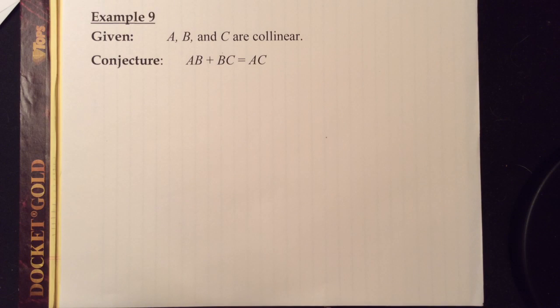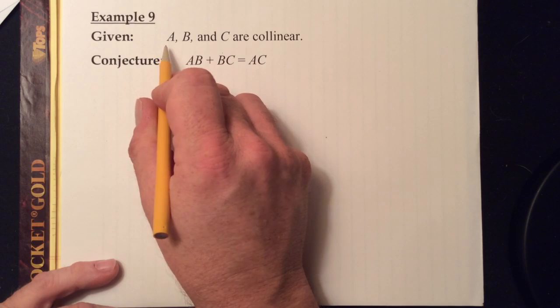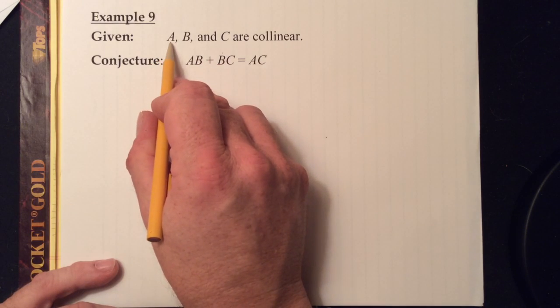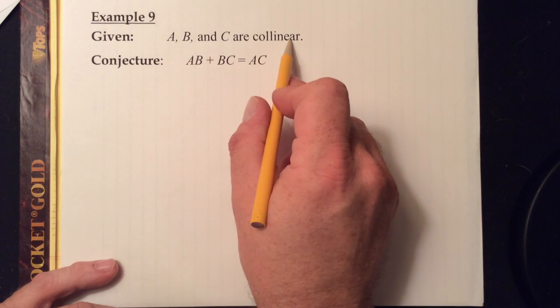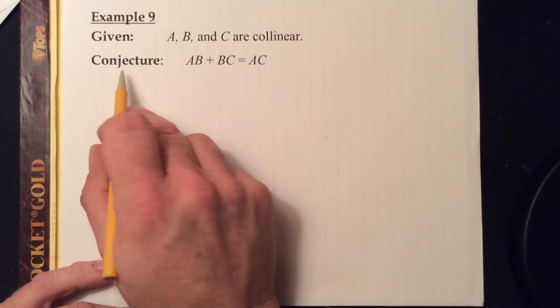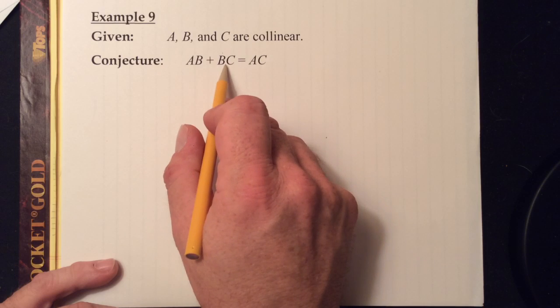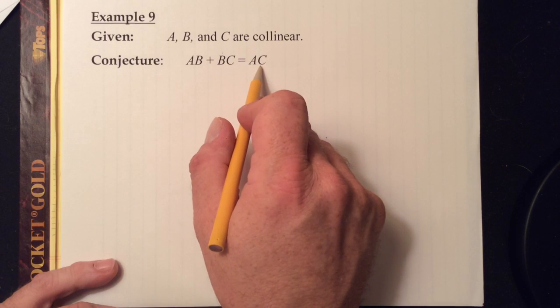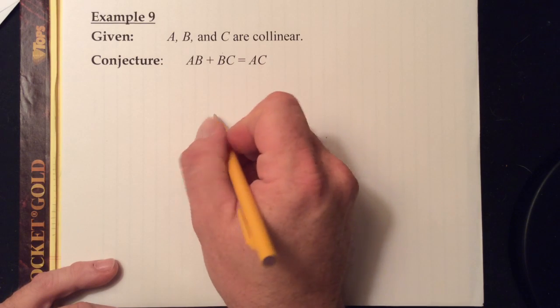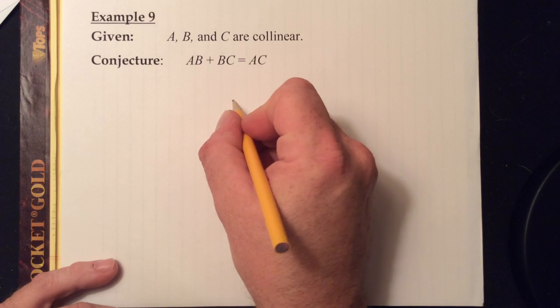Finally, example 9. In this example, you again will test a conjecture that involves geometric concepts. We want to test this conjecture. We're given that points A, B, and C are collinear. And we want to look at the conjecture AB, the length of AB plus the length of BC equals the length of AC. Well, that seems like it might work. Let's see if that works.